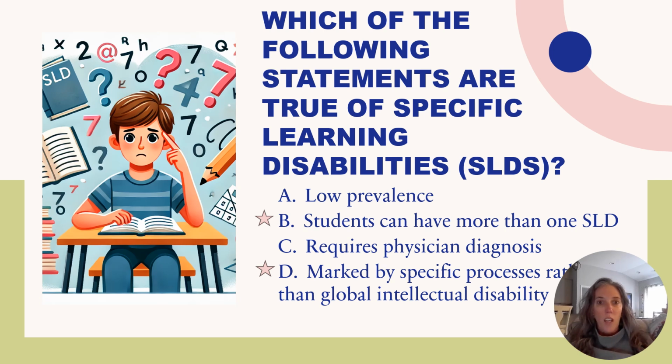These students are actually identified as they go through RTI and going through tiers, and then when they don't respond, that's when they're referred for a comprehensive evaluation, usually by the school psychologist.